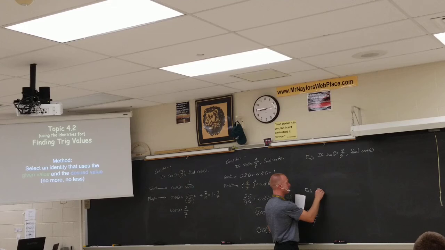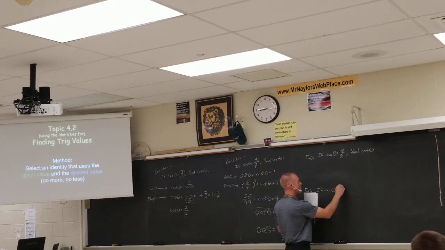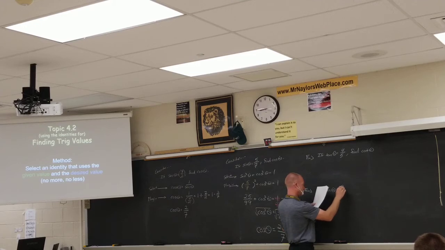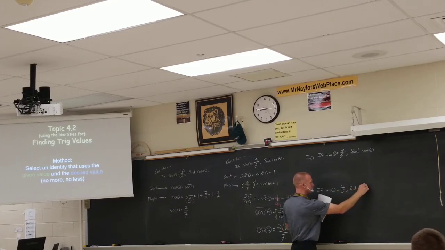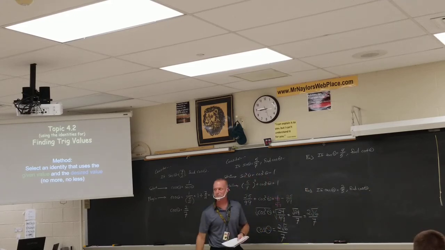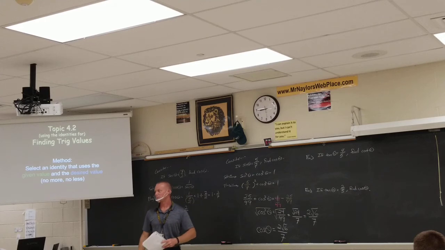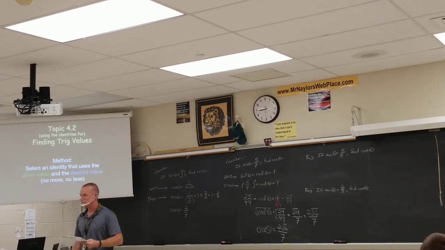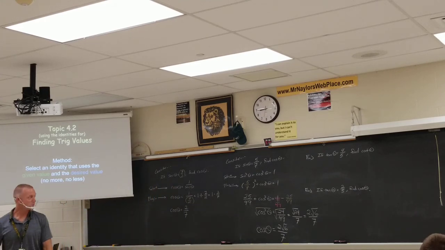And here we have tangent equaling 2/5, and I want you to try to find the cosine. So we've got a couple tangent problems, but we're not really off on a tangent. We're just giving you those 2 functions.